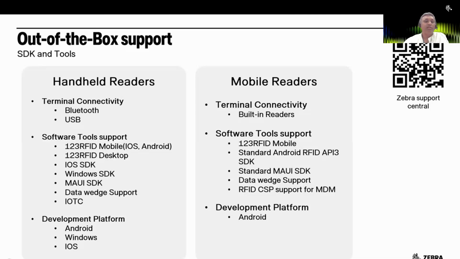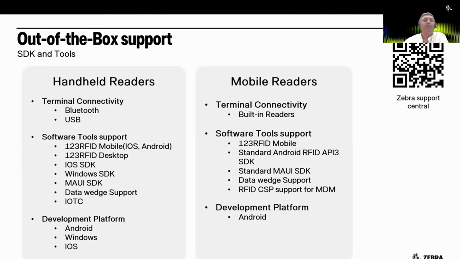We have a host set of software tools support here, on iOS and Android. We have the RFID mobile, where it can get tuned configurations and, out of the box, get started. We have the RFID desktop.